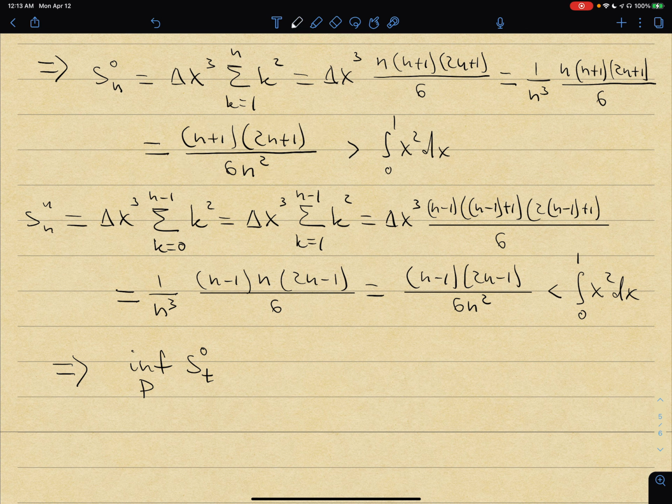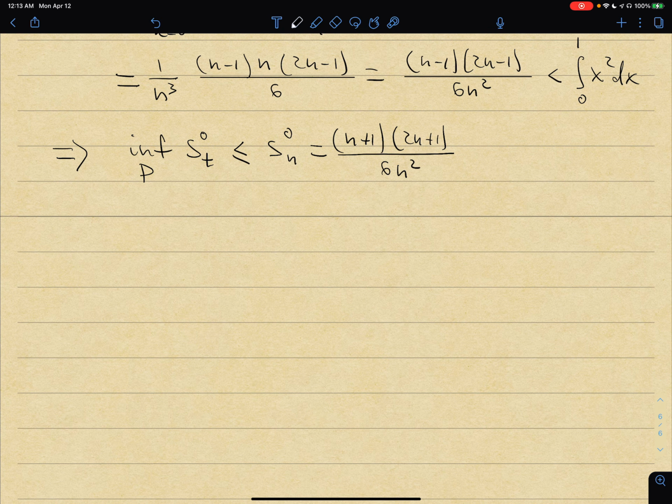So this infimum must be less than or equal to my S_n^O, which is, once again, n plus 1 times 2n plus 1, divided by 6n squared.